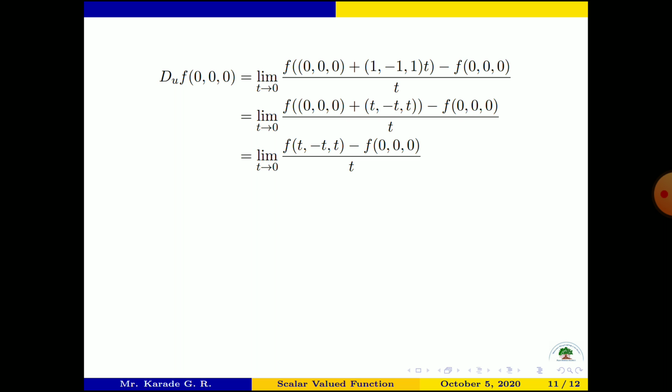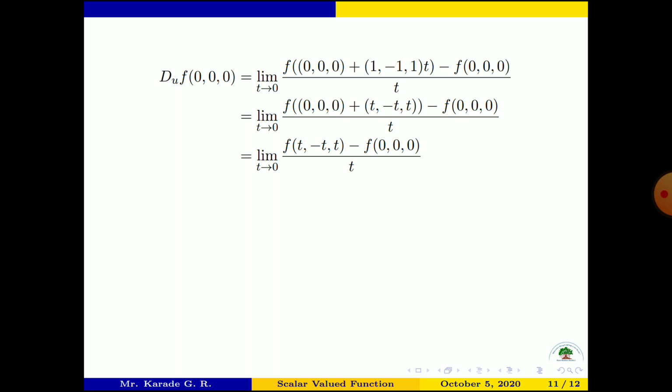Okay, now we have to find the two functional values. First is at point t, minus t, t and second is at point 0, 0, 0. That function is known to us. In that function, to find f of t, minus t, t, put x equal to t, y equal to minus t and z equal to t.